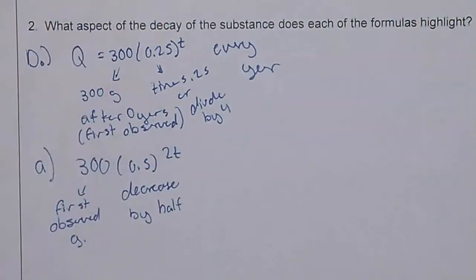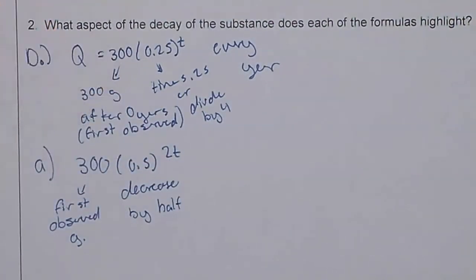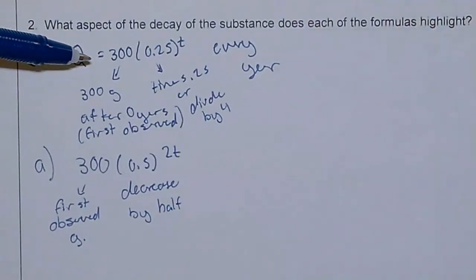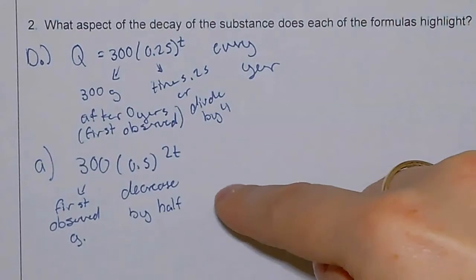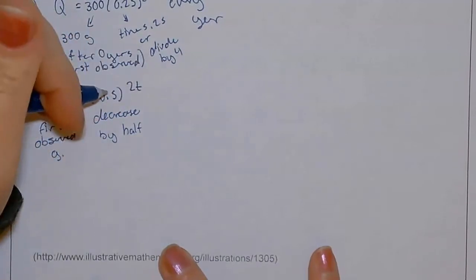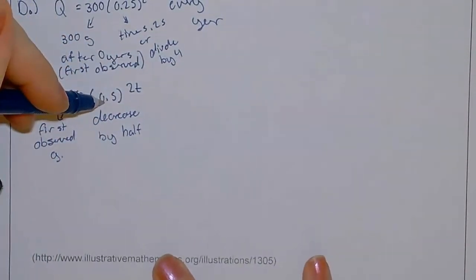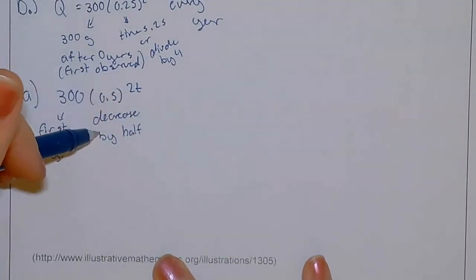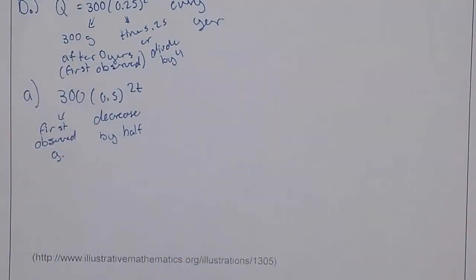And then the 2t, that's the part that can get a little confusing. Let's just think about this logically in terms of what we know about this situation. We know that this substance is decreasing every year, dividing by 4. So if it's going to decrease in half, that's going to be less than a year. So the 2t is telling us that it's going to decrease by half every half a year, right?